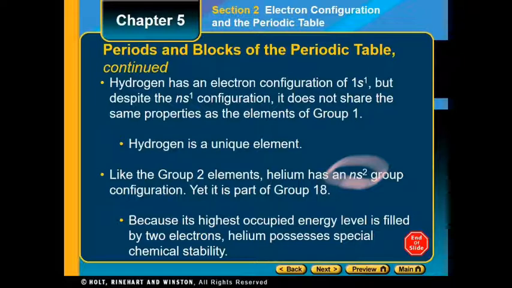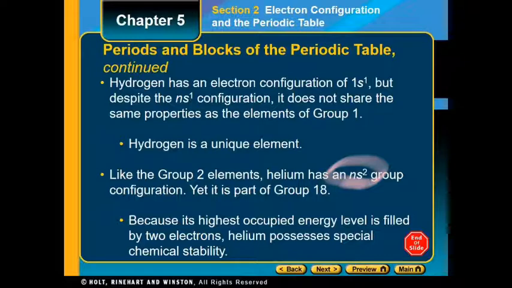We said in the last chapter that stability can be created with a filled energy level, a filled sublevel, or a half-filled sublevel. Well, helium, once 1s is completely filled up, not only is the s sublevel filled, but the whole first energy level is filled with just those 2 electrons. That's why it has that special stability and is put with the noble gases.